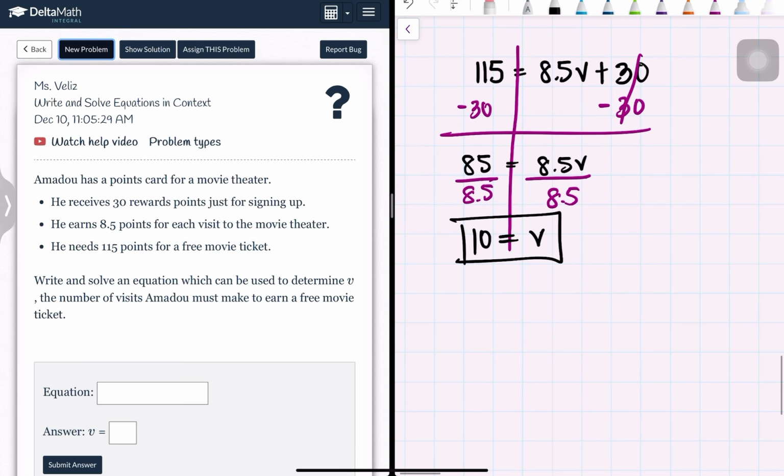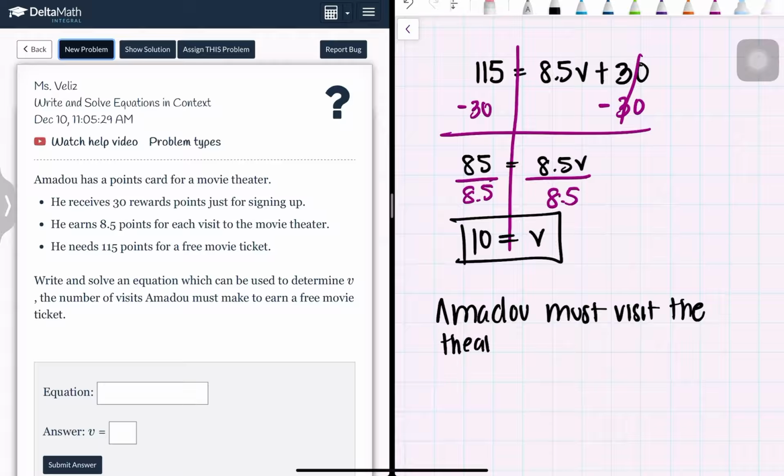So he must visit the theater a total of 10 times.